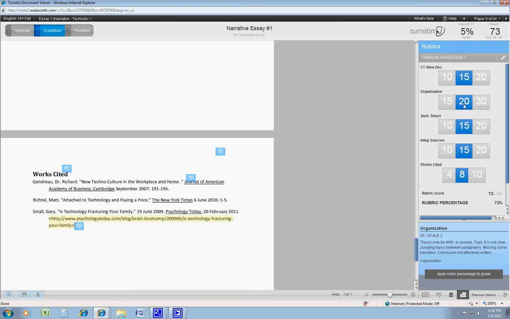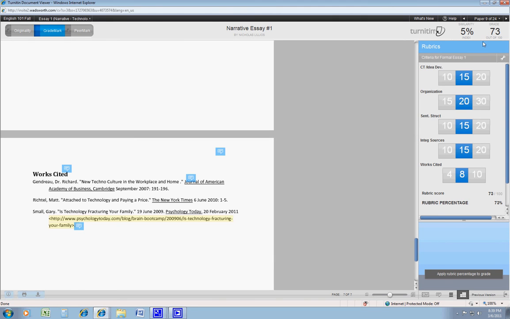The thesis was not clearly stated, so 5 points was taken off there. So if the topic sentence is not clear, if you had any jumping of topics between paragraphs or missing transitions, 5 points was taken off. And then for the critical thinking and idea development, if you did not have enough evidence to support your thesis, points were taken off there.